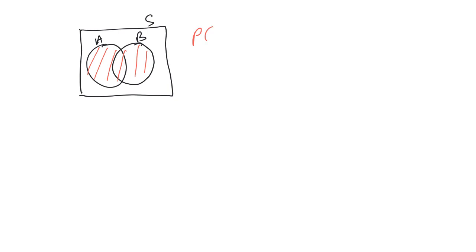We have the probability of A union B is the probability of A plus probability of B minus probability of A intersection B.